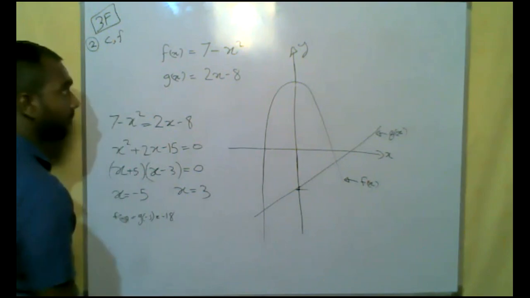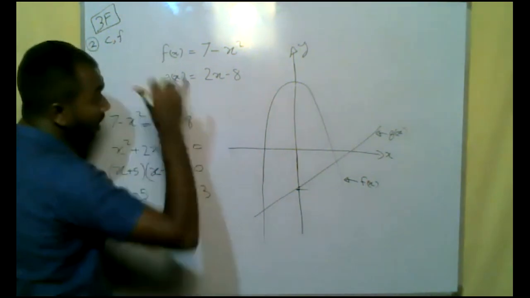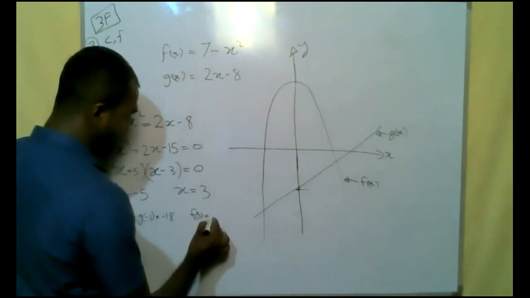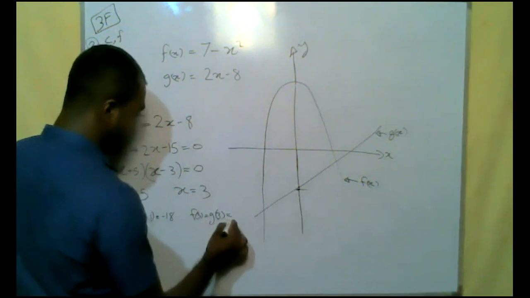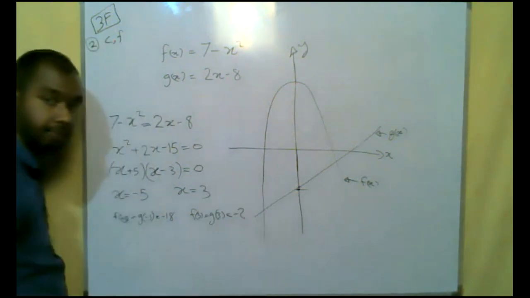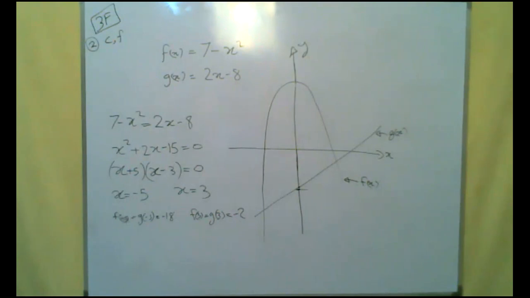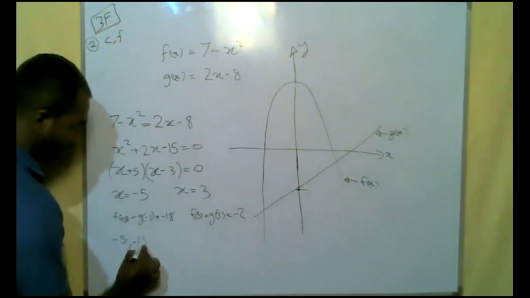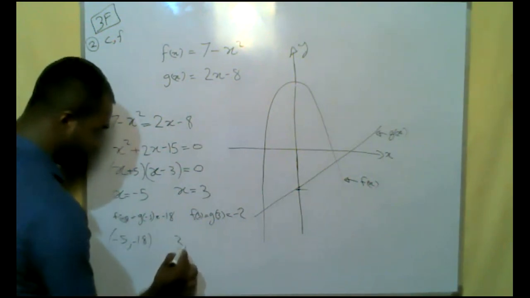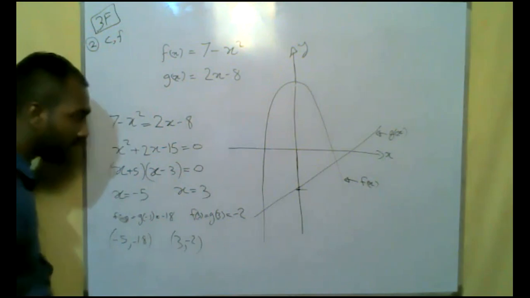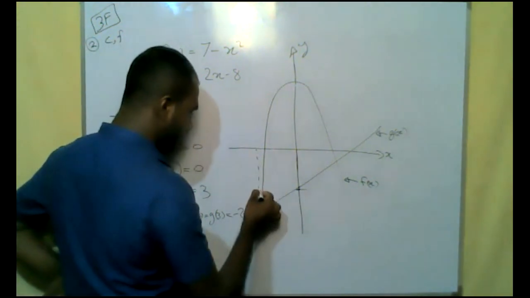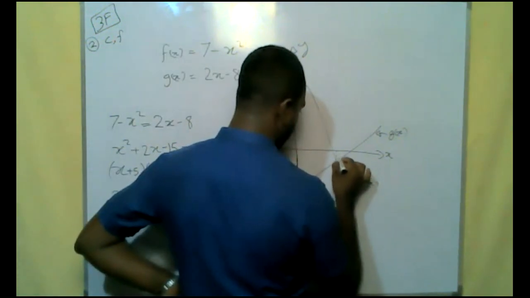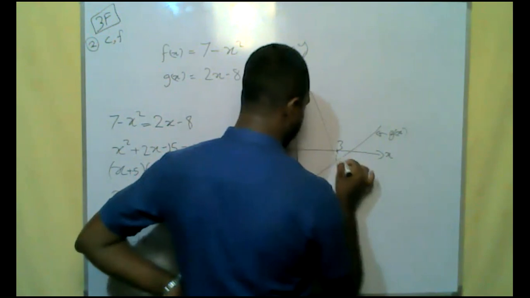When x is 3, how much? Minus 2, yeah. It is minus 2. So our points of intersection will be (-5, -18) or (3, -2). So this will be minus 5 here, and here it will be plus 3.